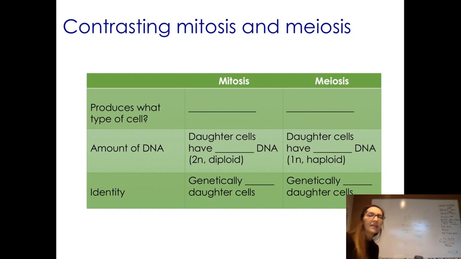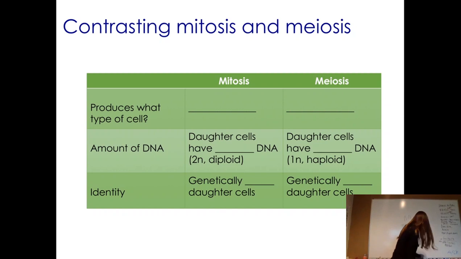The amount of DNA that is produced: when we have a mitotic division, the daughter cells have the same amount of DNA. So you go from a diploid cell to another diploid cell. And in meiosis, you're going to go from a diploid cell to a haploid cell. So the daughter cells have half the amount of DNA in meiosis.